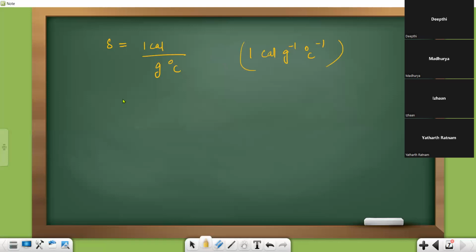If I want to convert into joule, 1 calorie is equal to 4.2 joule. So 4.2 joule gram inverse Celsius inverse.